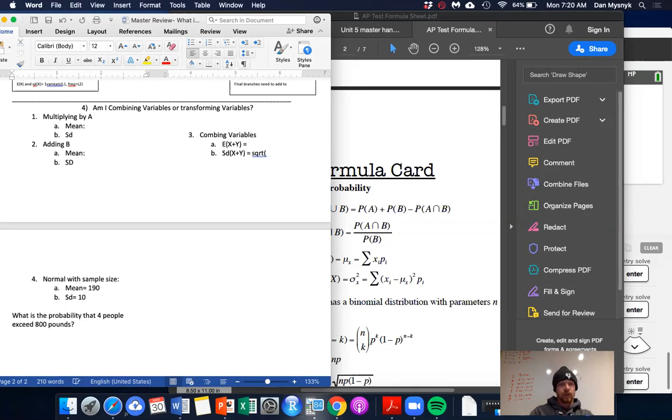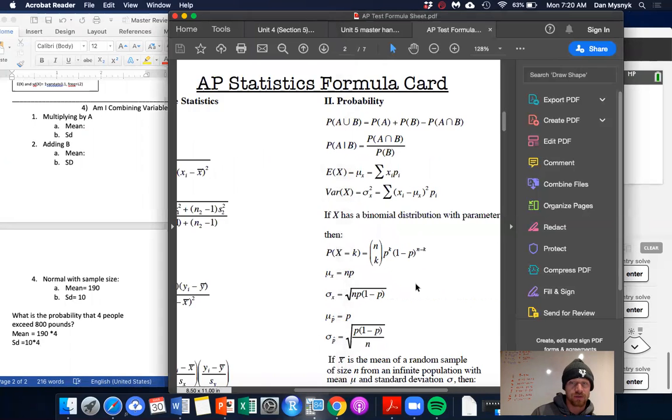Well, 4 people means we're going to multiply by 4. So the mean is going to be equal to 190 times 4. Standard deviation, we are going to multiply by 4. But now we have a sample size of 4, right?